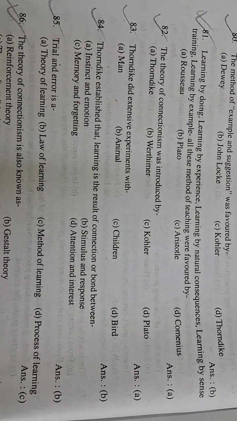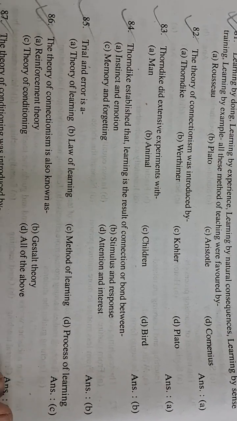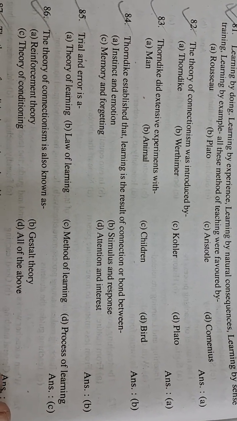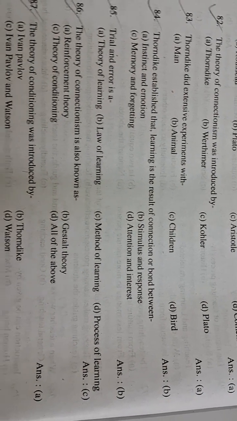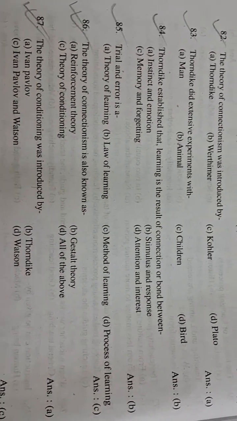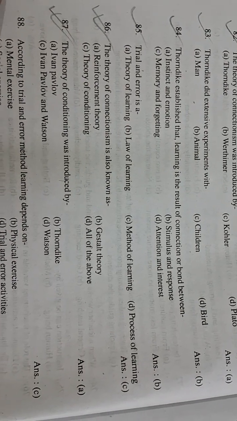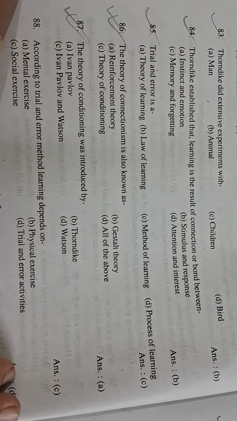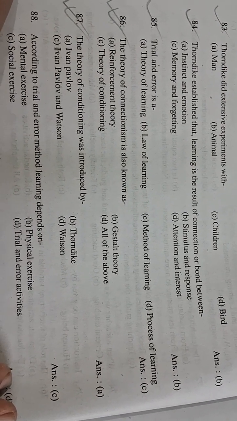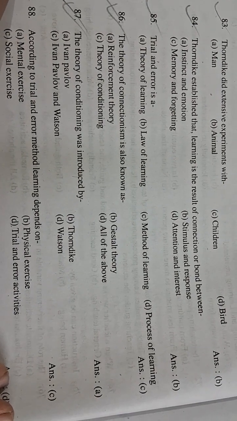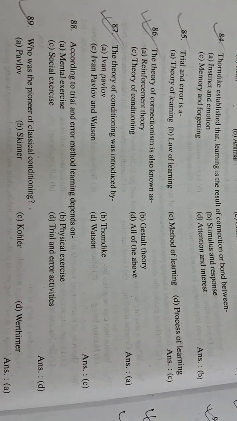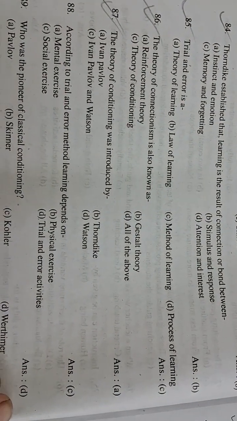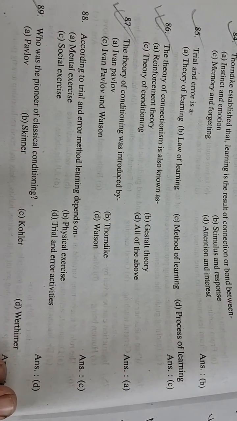The theory of connectionism was introduced by Thorndike. Thorndike did extensive experiments with animals. Thorndike established that learning is the result of connection or bond between stimulus and response. Trial and error is a method of learning.